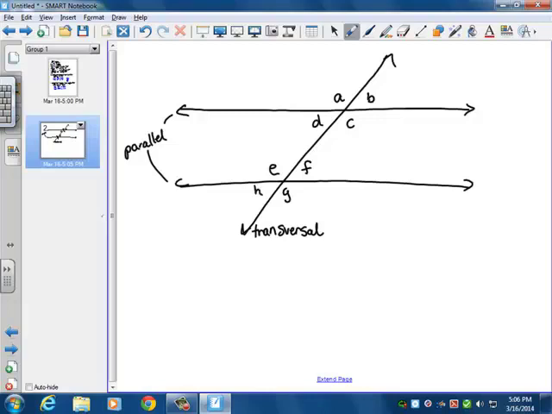Okay, they're going to have these different relationships that we label. And there's going to be certain things true about their angles. So let's look at A and C first. A and C, these are called vertical angles. So what would be true about these, A and C, is that they are equal.